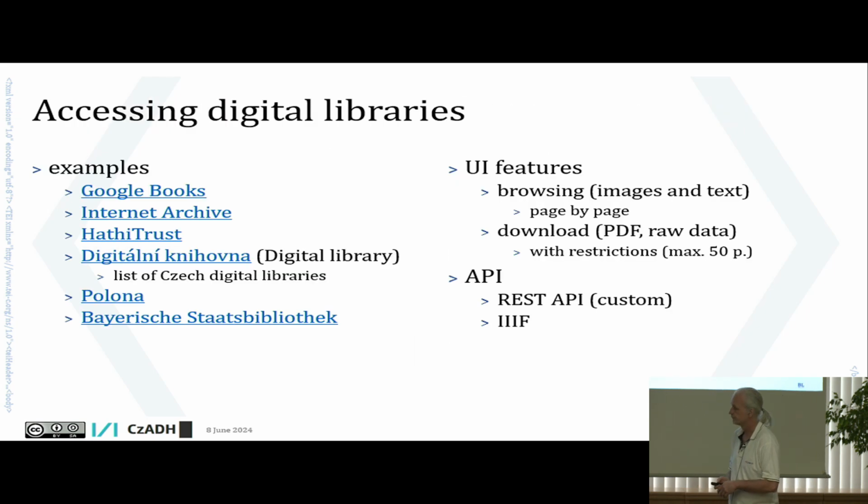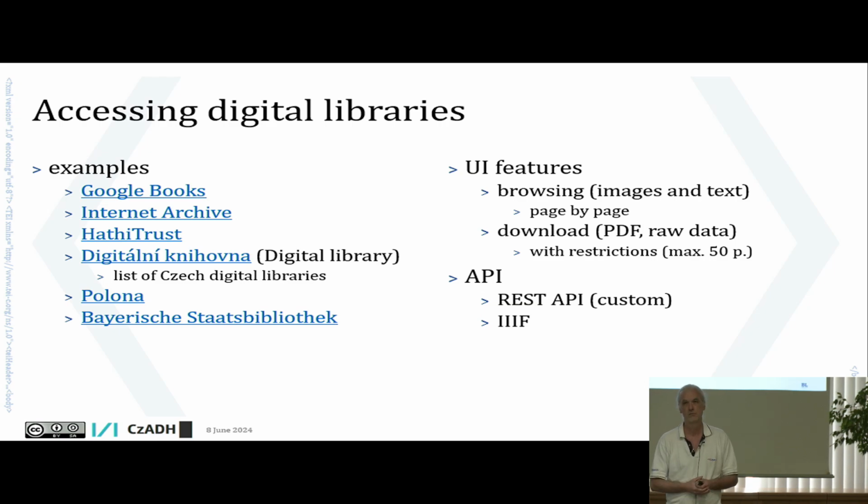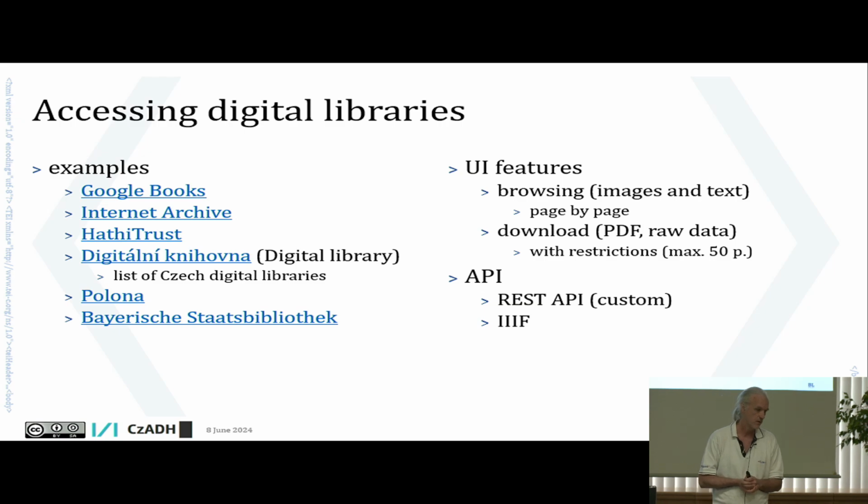So here are some examples of digital libraries. I think you really know them, like Google Books, Internet Archive, or HathiTrust. And in the Czech Republic, there are many digital libraries, because each institution, each library can have its own digital library.